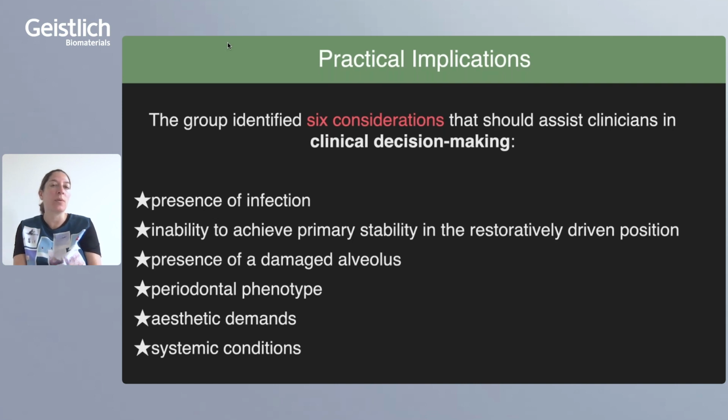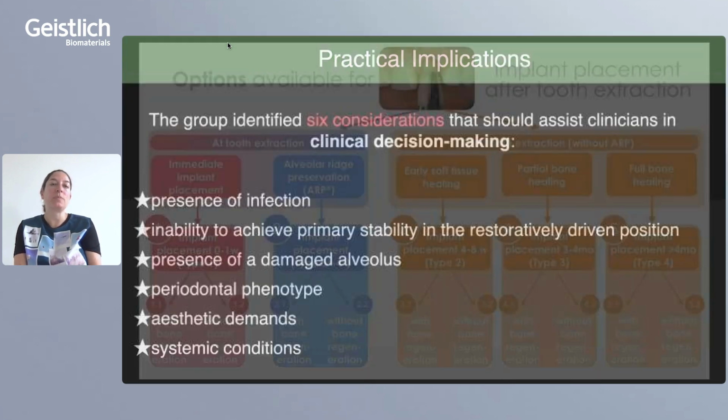So this is something quite important for us when planning these aesthetic implant cases. Then we have to check for the aesthetic demands, not only our demands, but also the patient's demands. And then last but not least, the systemic conditions of the patients.